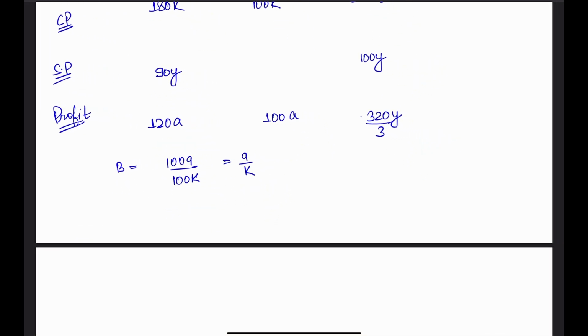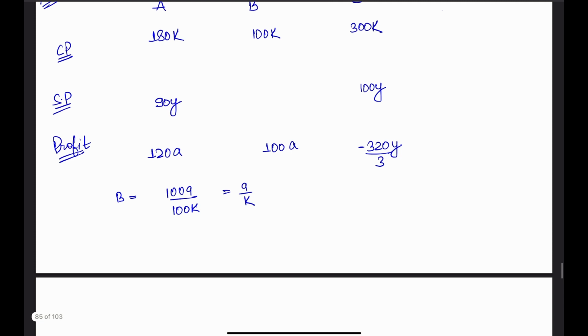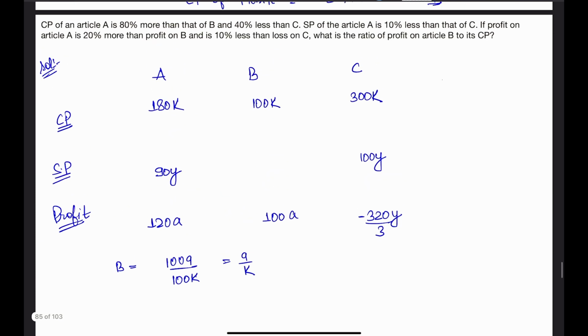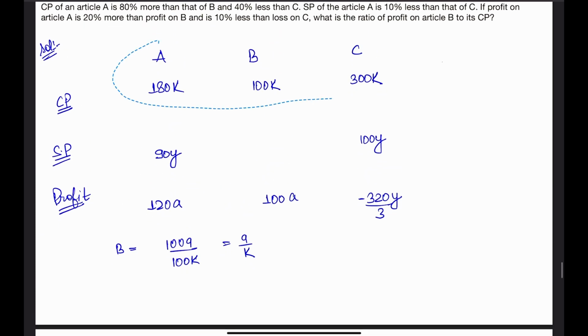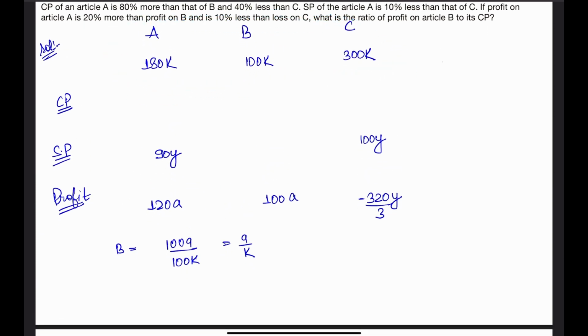If I write profit, a minus percentage will clarify that it is a loss. 180K, let's use the next page. 180K minus, or we can utilize the space. Give me just 1 second.